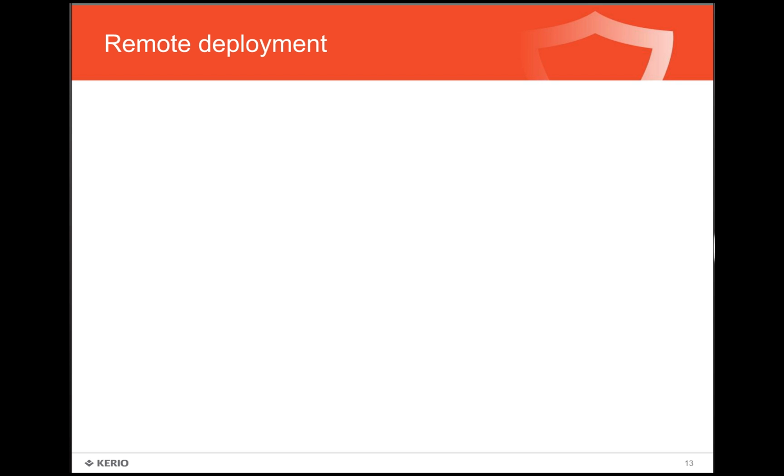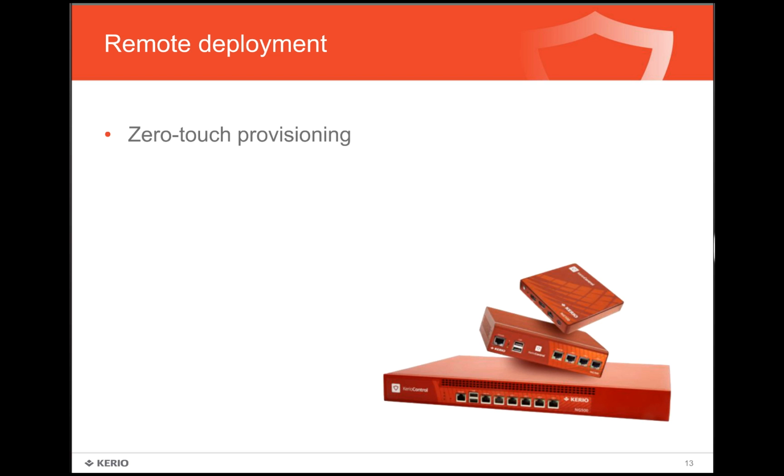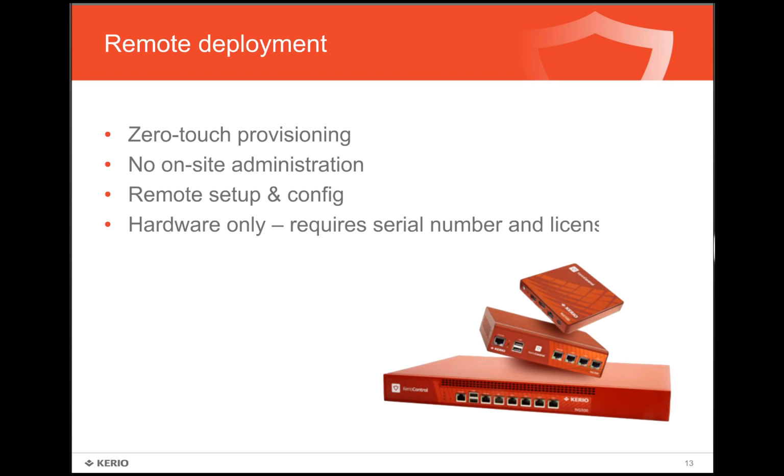When it comes to remote deployment, we have to talk about zero-touch provisioning, which means there is no need for you to go on site. You just send the Kerio Control hardware box to your customer, and you can remotely set up and configure this hardware box. This is for hardware only.